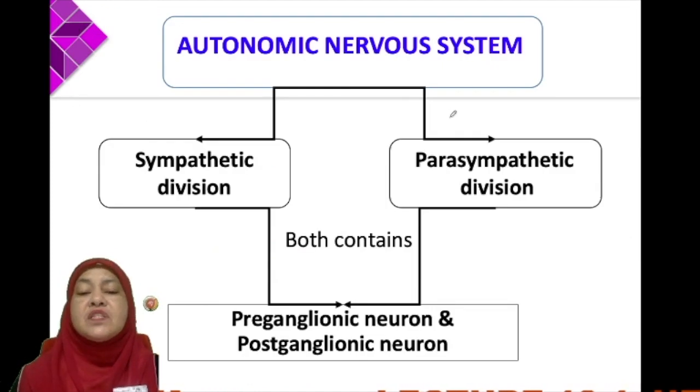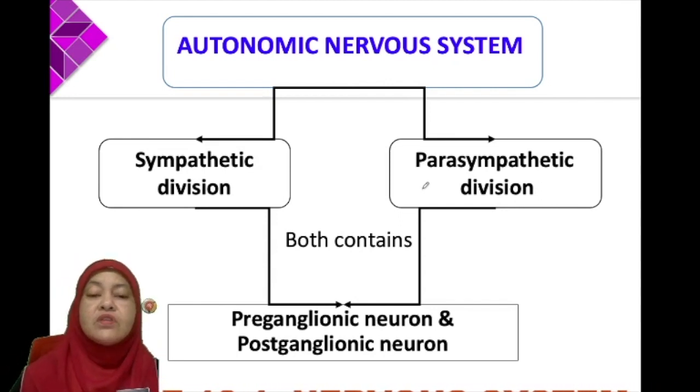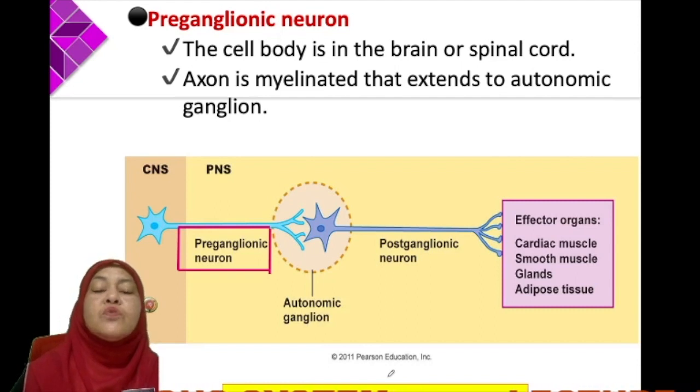As the teacher mentioned earlier, this flow chart shows that the autonomic nervous system is divided into the sympathetic and parasympathetic divisions, and both contain the preganglionic neuron as well as the postganglionic neuron. So what is this preganglionic neuron?